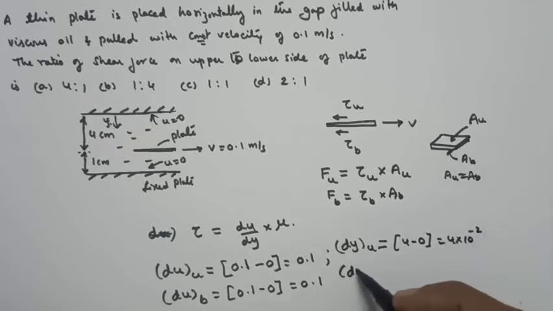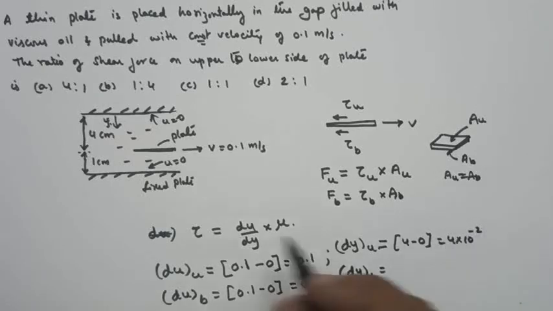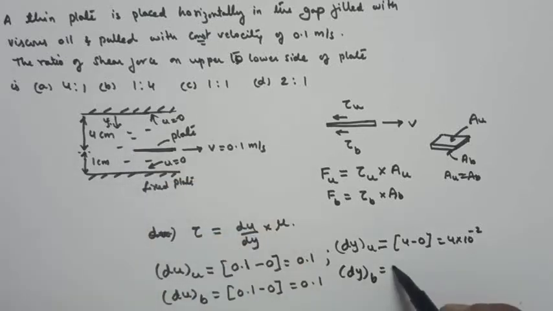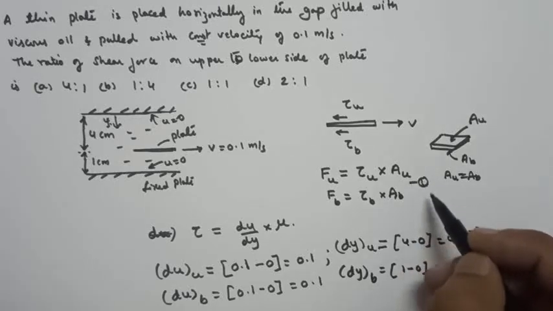Similarly dy for the bottom is 1 minus 0, so it is 1 into 10 to the power of minus 2.